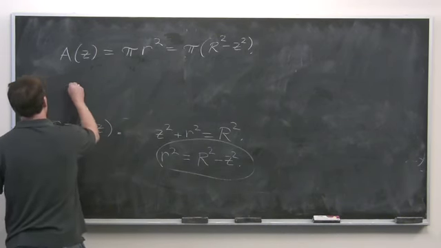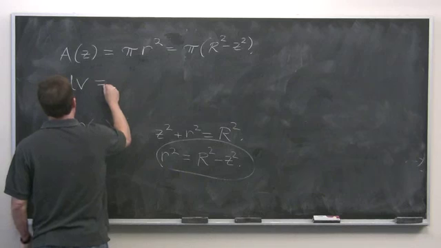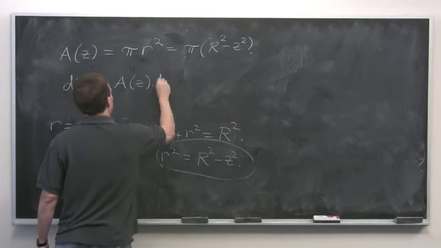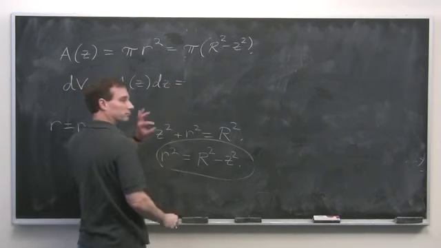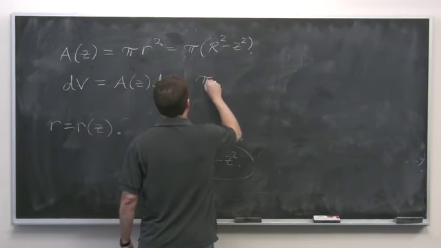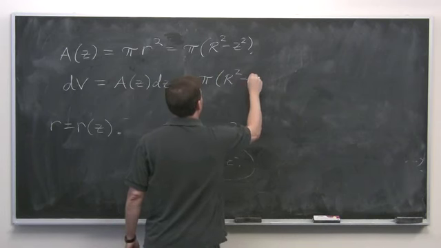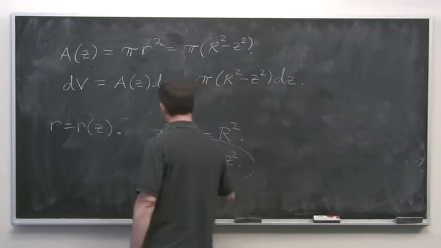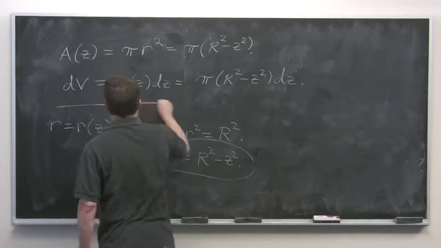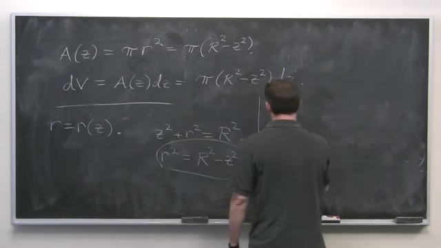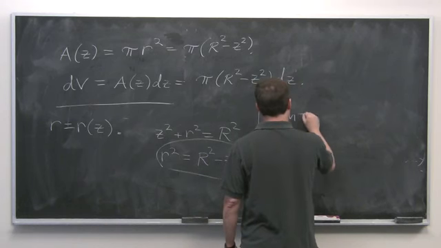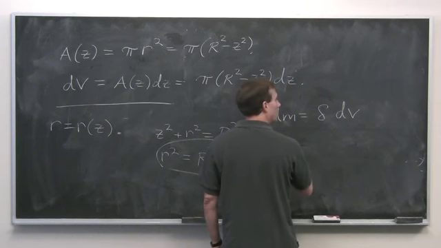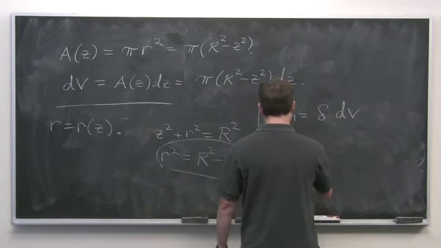And as I said, you should think of these things in pieces. The little chunk of volume is the cross-sectional area times a little thickness. So you get pi times (R squared minus z squared) times dz, and that's dV. Then dm, a little blob of mass, is the density times a little chunk of volume. We're handed the density function.